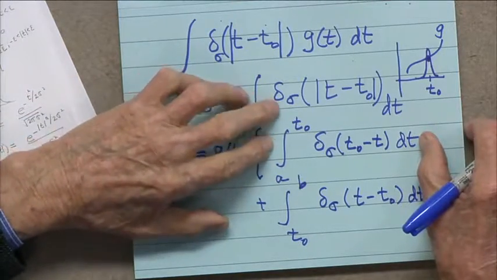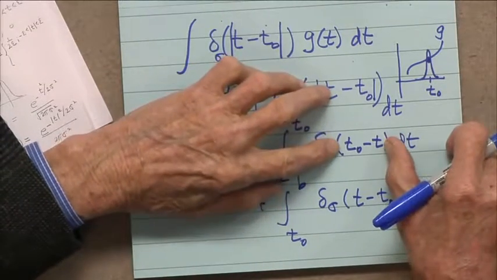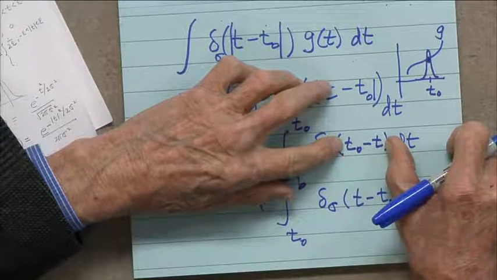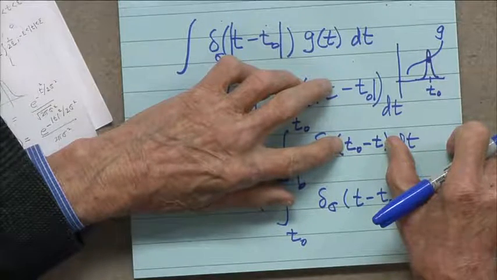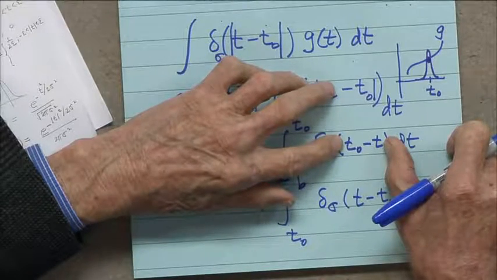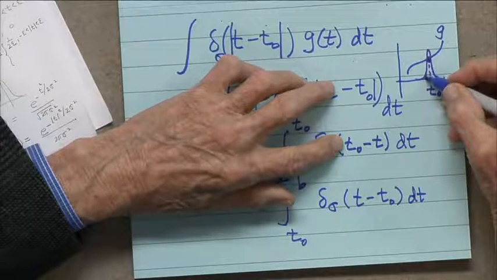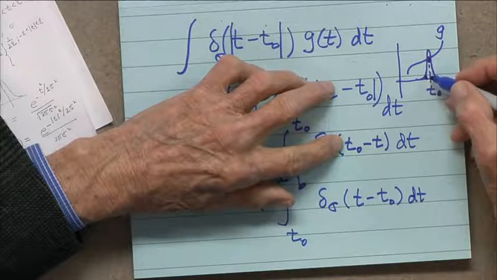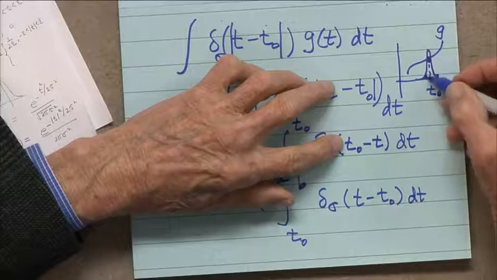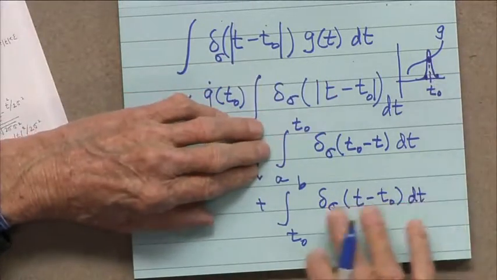And so we're integrating this, and this argument is negative. That is, t is less than t0. Well, if you're getting close and t is in that point, it looks like this value here is the same as that value. And so when we integrate to t0, what do we get?